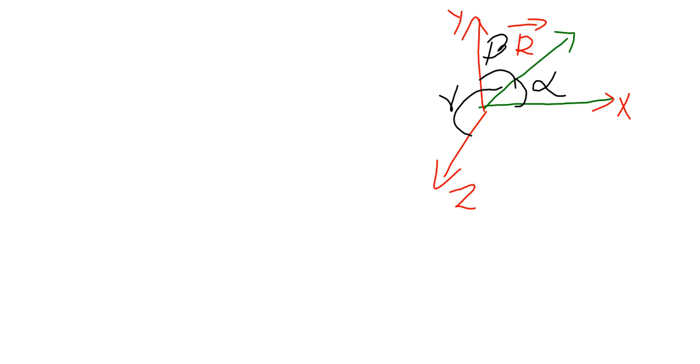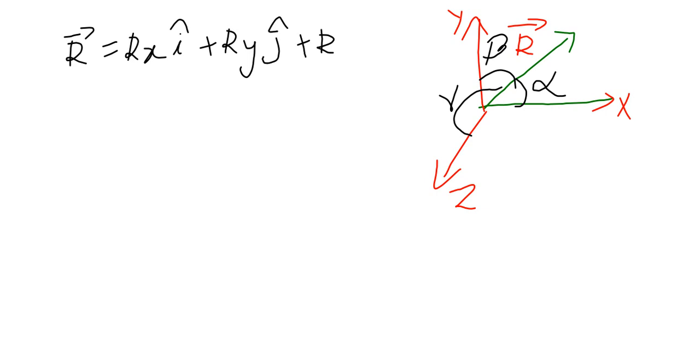Here we represent the vector in three coordinates, x, y and z. So we write this as r bar is equal to rx i cap plus ry j cap plus rz k cap.